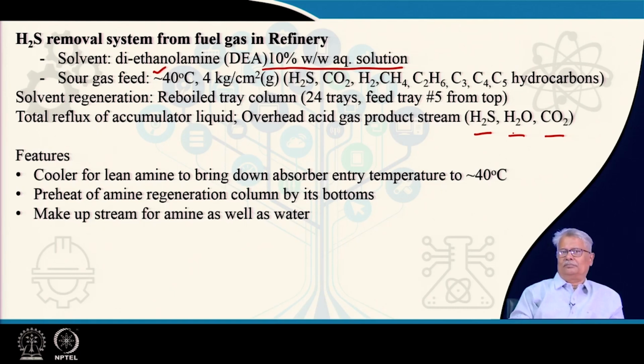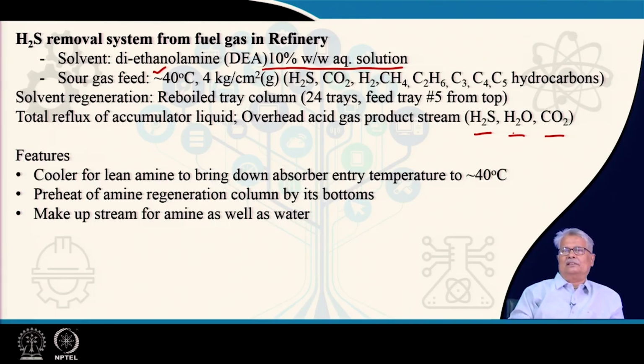Now, to regenerate the rich amine, the solution rich in H2S and CO2, it is sent to the next distillation column after preheating it. We will see an arrangement of preheating this stream with the column bottom itself.